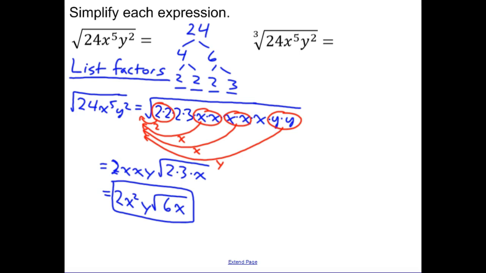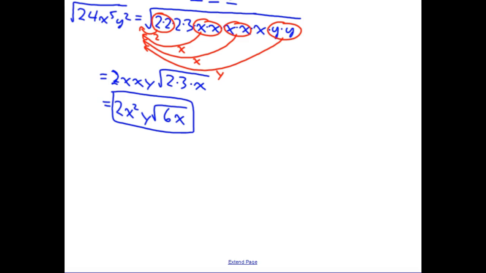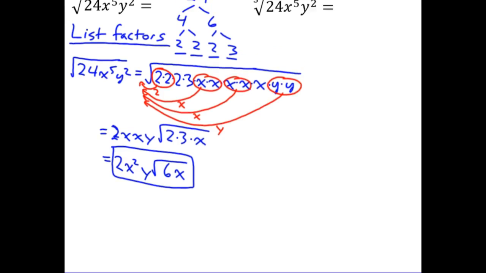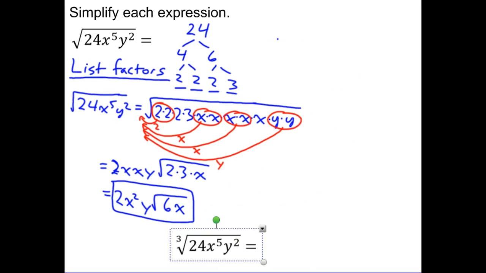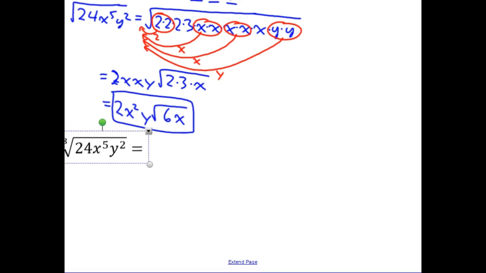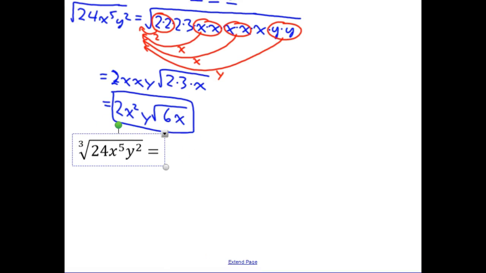Now, if I want to do the cube root, we'll take a look at that. I'll bring that down here, and we'll solve that in a similar way. Now, I have the cube root of 24x to the fifth y squared.